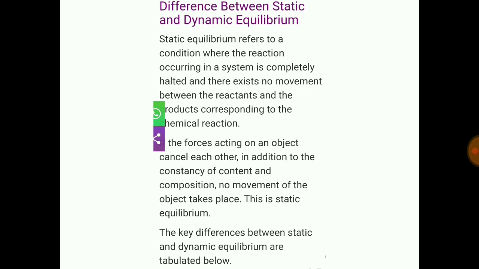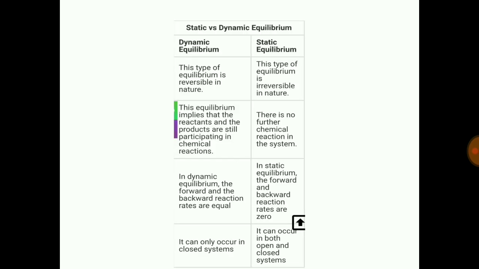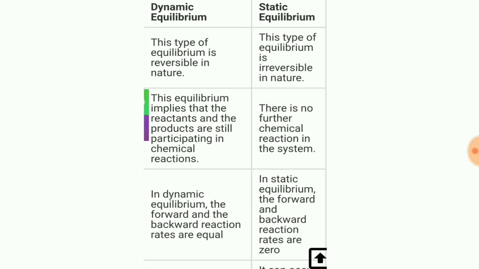If the forces acting on an object cancel each other, in addition to the constancy of content and composition, no movement of the object takes place. This is static equilibrium. The points of difference between dynamic equilibrium and static equilibrium are: dynamic equilibrium is reversible in nature, but static equilibrium is irreversible.